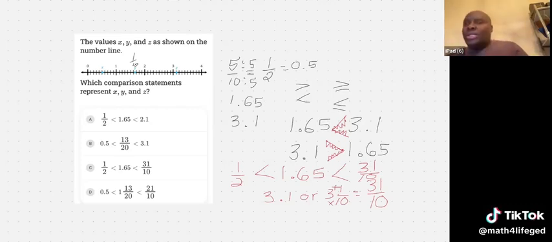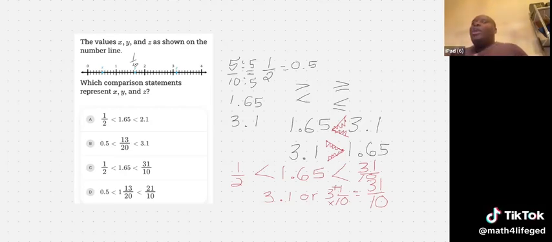And then we noticed that the z was way in the back, right after the 3, on the first bar, which represents 1/10. So that's 3 and 1 over 10. That's a mixed number. But as an improper fraction, that's 31 over 10. How do we know? We multiply 10 by 3, which is 30, plus 1, which is 31.